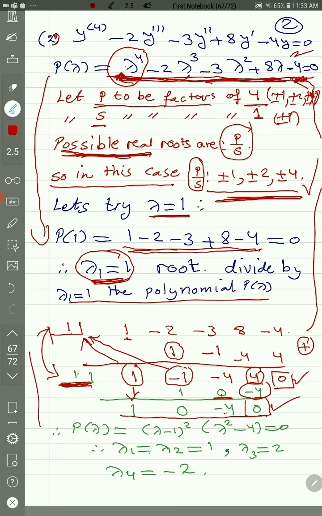So our polynomial can be factorized with 2 repeated roots, because we get lambda 1 and 1 here, up, you see here and here. So (lambda minus 1) squared will give you 2 repeated roots 1. And now this is the coefficient here of the degree 2, because already we divided 2 times, so reduced to degree 2.